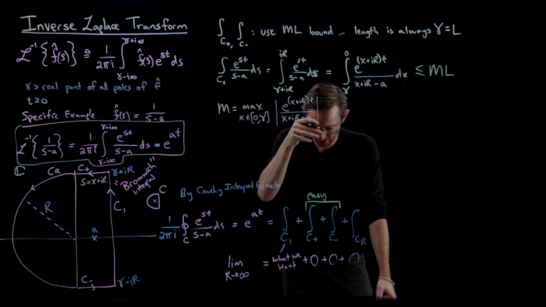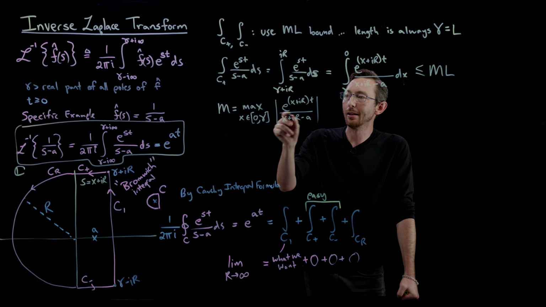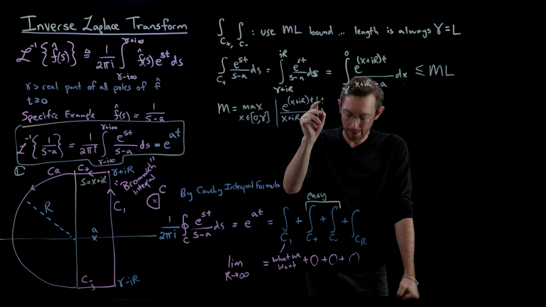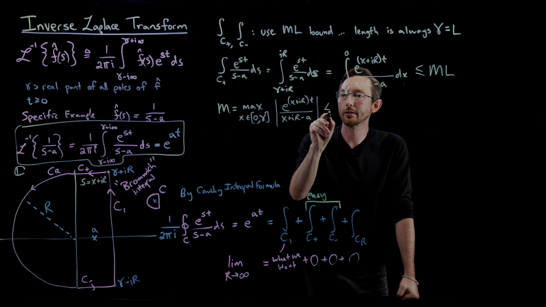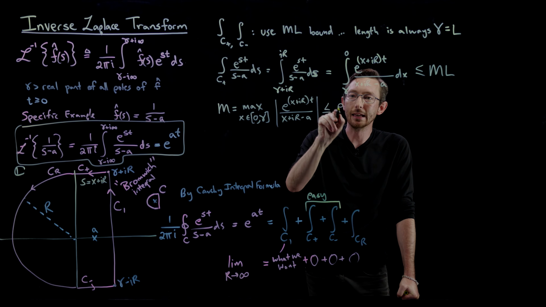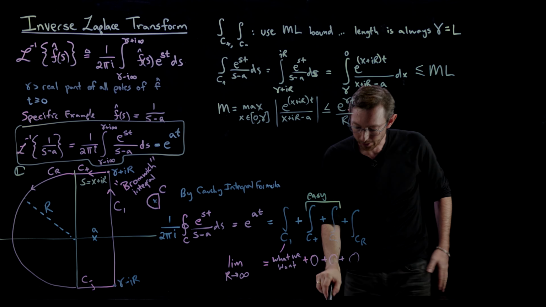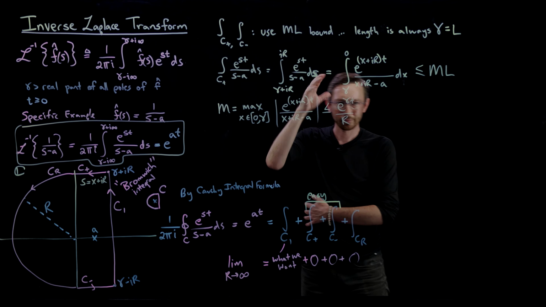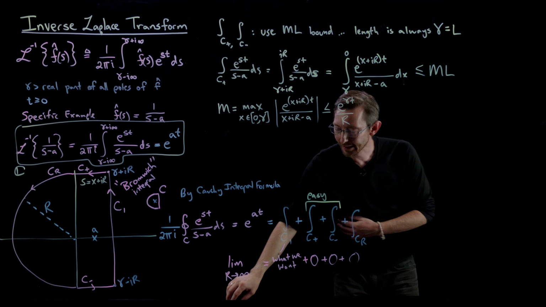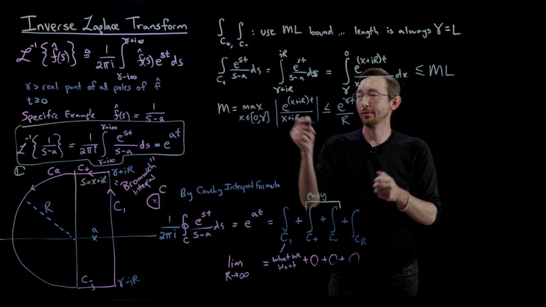This is, again, what we're doing for ML bounds. And I'm going to claim that this quantity is always less than or equal to e to the gamma t over r. Now, how do I want to do it? Remember, we're going to use this a bunch in this lecture, so I'm just going to write it down.